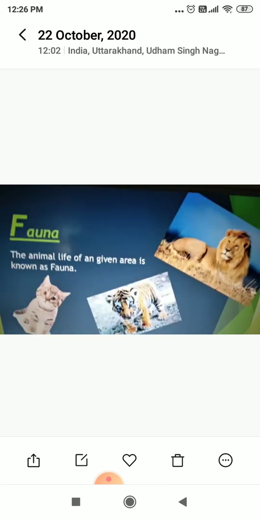Fauna refers to the animal life of a given area, the species of animals. This huge diversity in flora and fauna is due to certain factors. India is one of the richest countries in the world in flora and fauna, and there are certain reasons behind that. Now we will talk about those reasons.